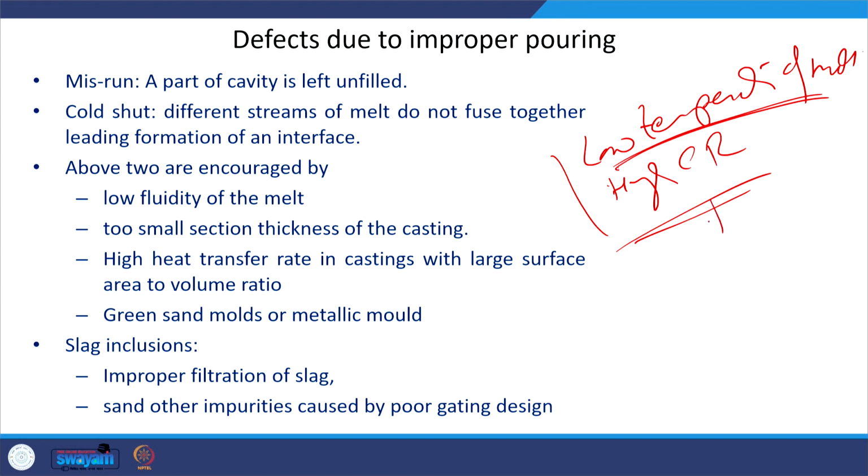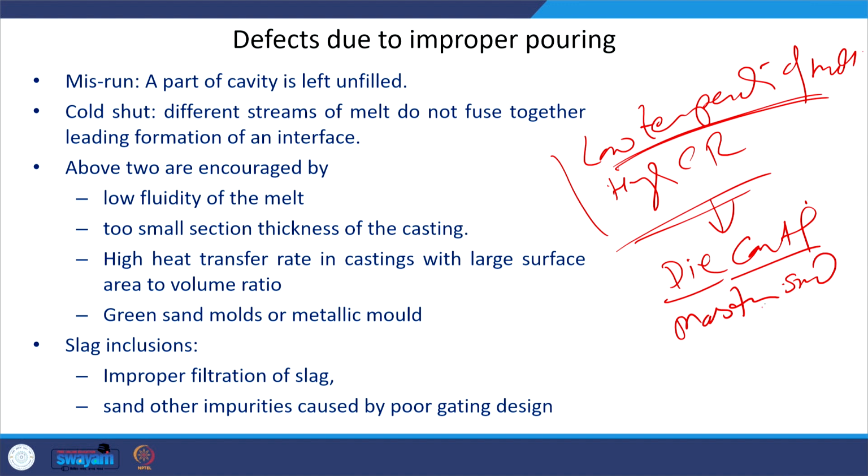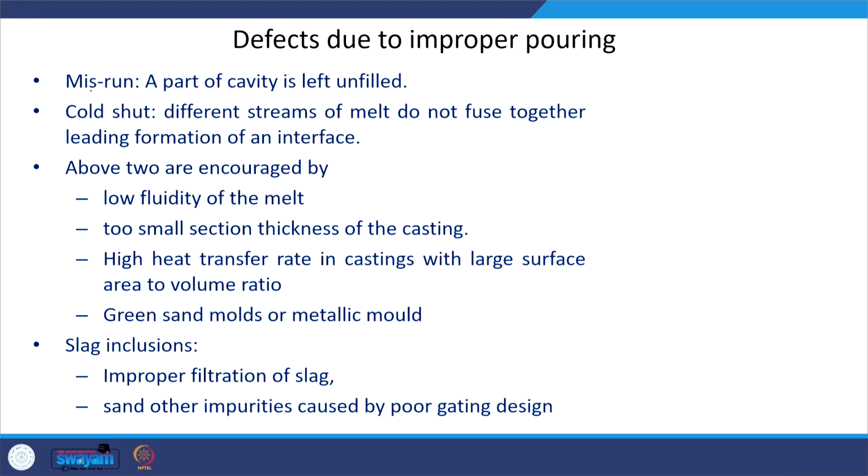And if the cooling is very fast, like in die casting where a metallic mold is used, or if the moisture content in the sand mold is very high, then both of these promote a high cooling rate. High cooling rate means lower temperature and reduced fluidity, which in turn will take a longer time to fill the mold cavity, and will also increase defects like misrun and cold shut.